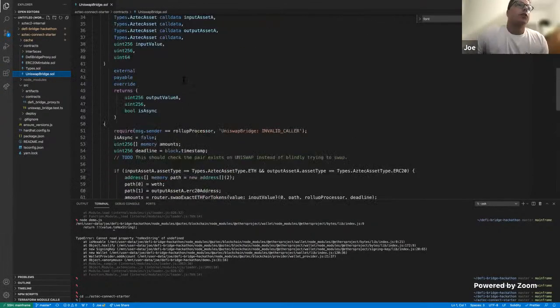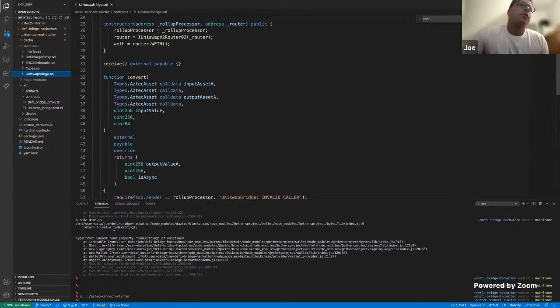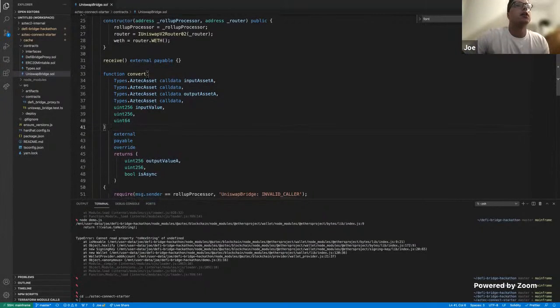All of the bridge functionality happens inside this convert function. This function is called by the Aztec rollup contract through our DeFi bridge proxy contract, and before this point, you can assume that the Aztec rollup contract has sent you ETH if your input asset is ETH, or tokens if your input asset is tokens.